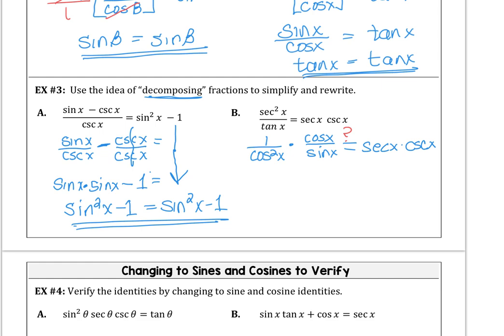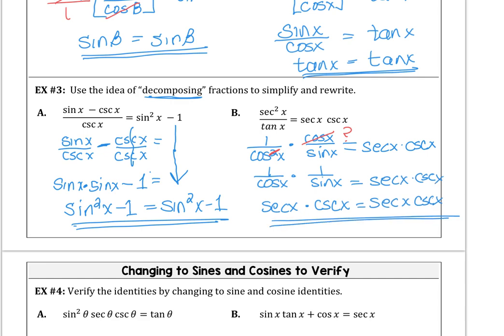These are like little puzzles to me. So if we cancel a cosine in the numerator, that would get rid of one cosine in the denominator. And 1 over cosine times 1 over sine can be rewritten as secant times cosecant. So yes, they are equivalent, secant times cosecant. They're the same statement.